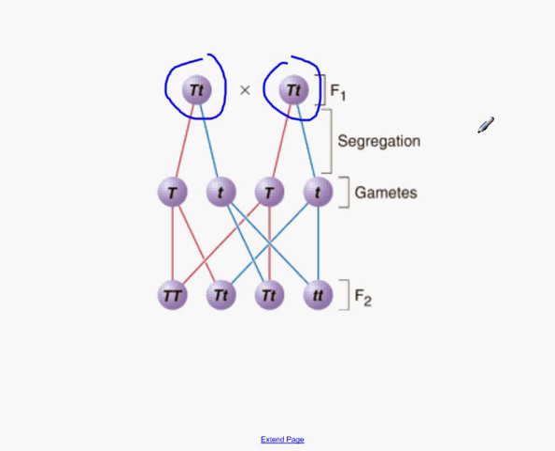Big T and little t. Then if you cross them, these are the gametes here that could be generated. And if you recombine those gametes, these are the possibilities, the genotypes that we could see in the plant. And we see that we have 3 which are going to be tall and 1 which is going to be short. So the ratio would be 3 to 1.